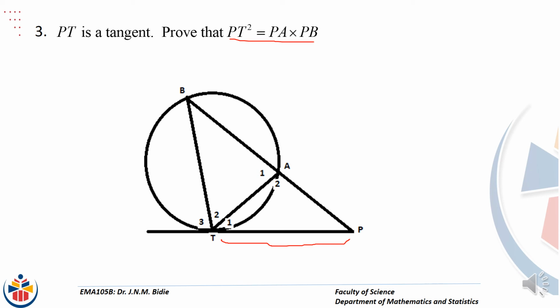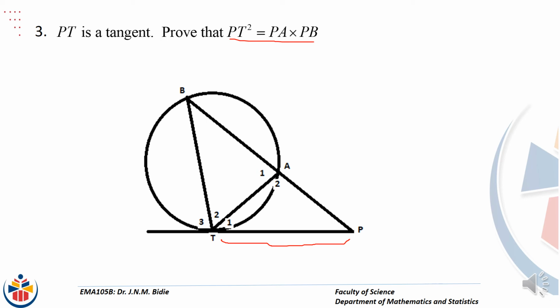You have to remember that P is common in both triangles, the big triangle and the small triangle. Then you are able to say A2 is equal to T1 plus T2. Therefore, those two triangles are similar, and then use similarity, noting the angles that we had said are equal.